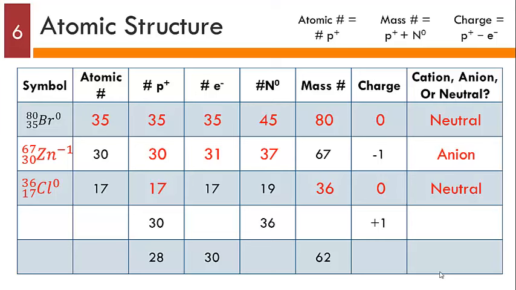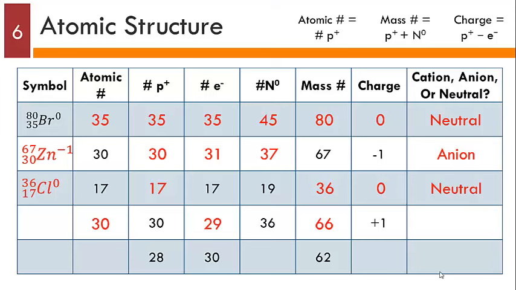My next atom has 30 protons, so I can conclude the atomic number is also 30. The mass number is going to be 66 because I need to do 30 protons plus 36 neutrons. My mass number is 66. My charge is +1, so that means I've got to have one less electron than protons.